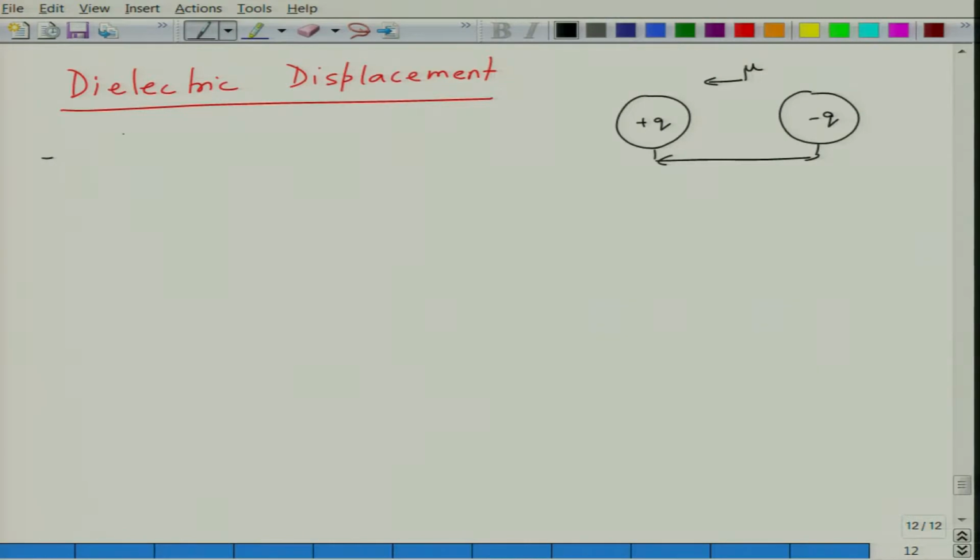Correspondingly, you have a quantity called dielectric displacement, also called the electric displacement field.